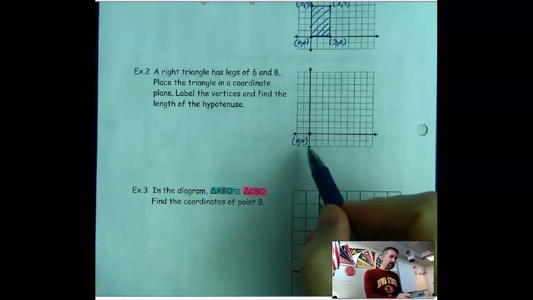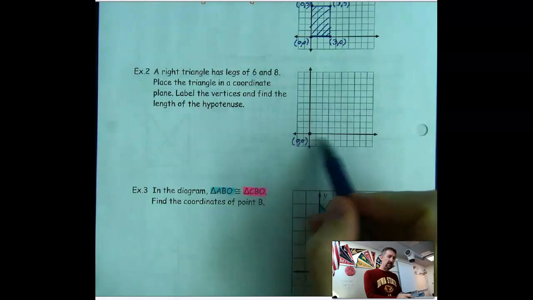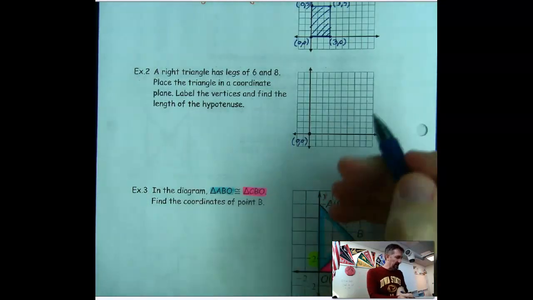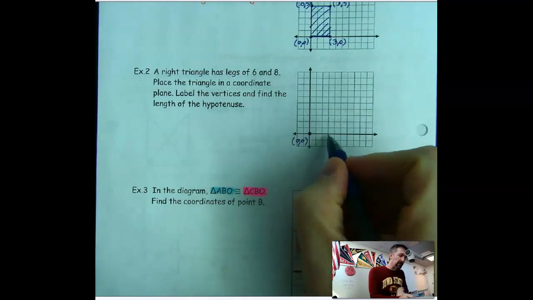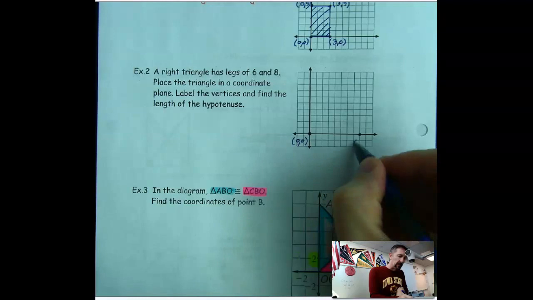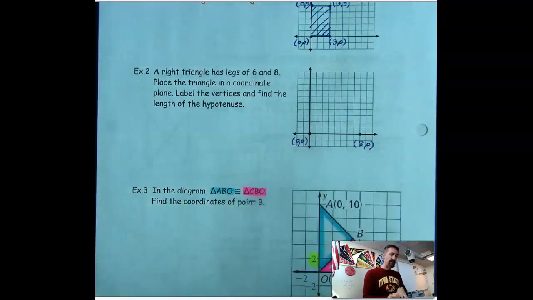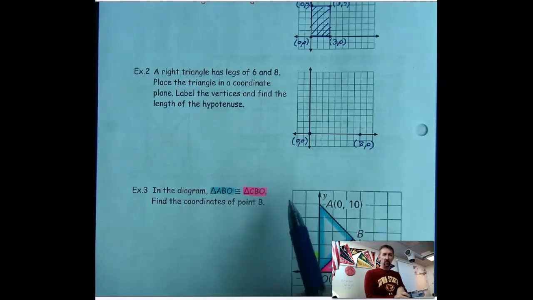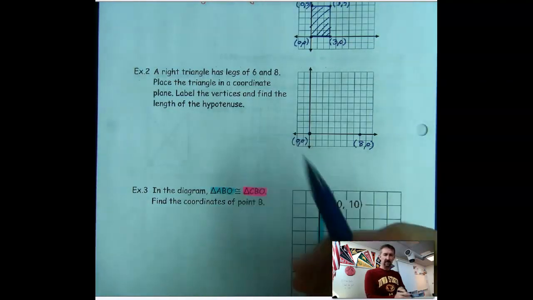Now, you may be thinking of putting that triangle up here, but it would be better, 1, 2, 3, 4, 5, 6, 7, 8, to keep the other point on the y-axis, one on the x, because that, again, will give us a 0.